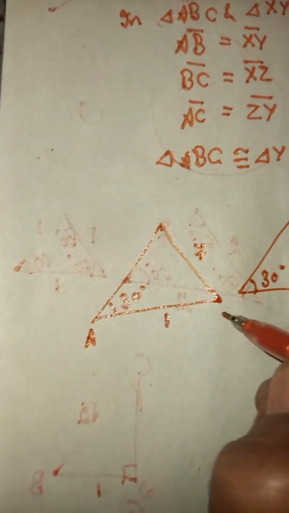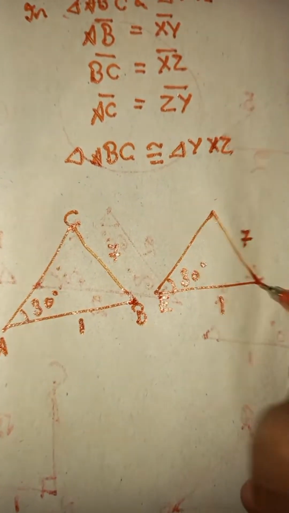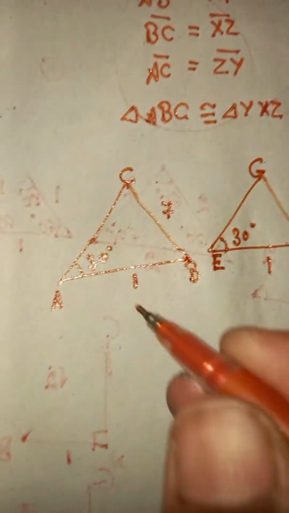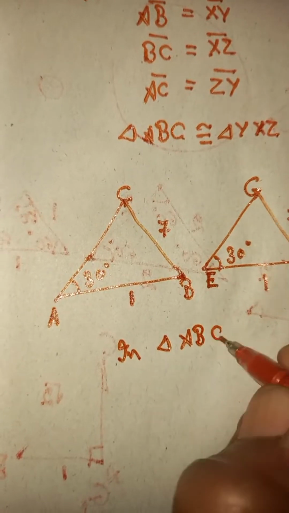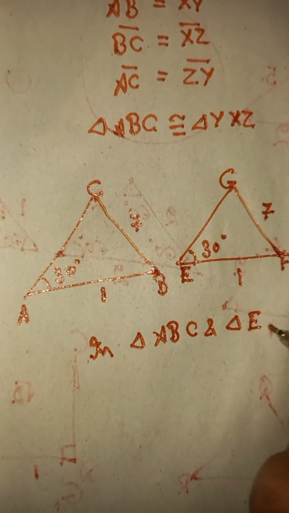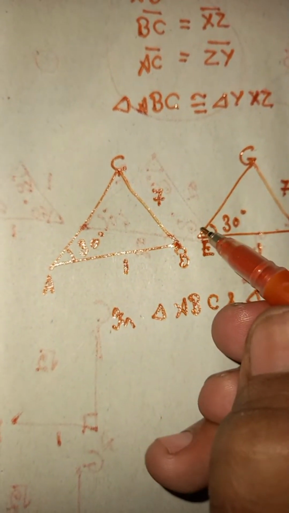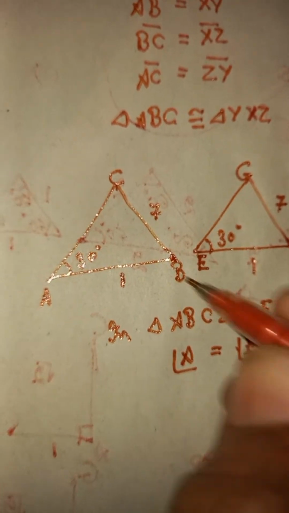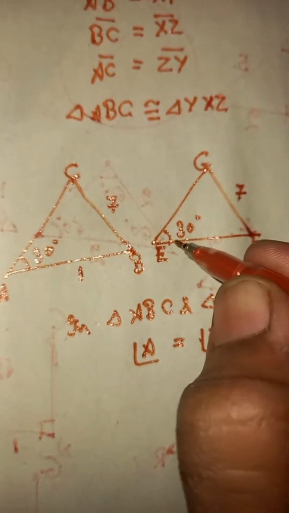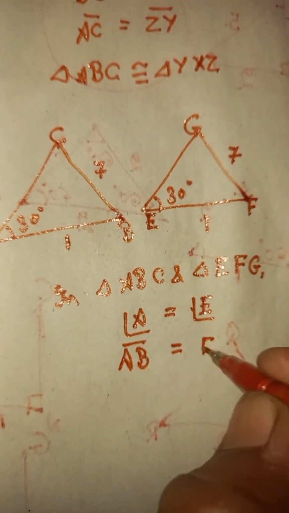In triangle ABC and triangle EFG, in these two triangles you can find it out, right? This angle is equal to this angle, that is angle A equals angle E, and side AB equals side EF.